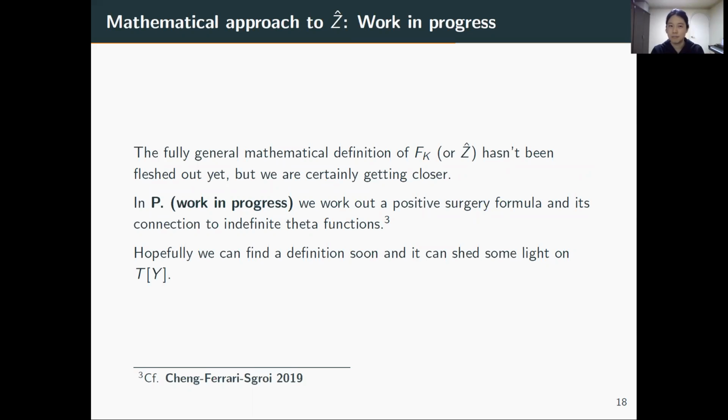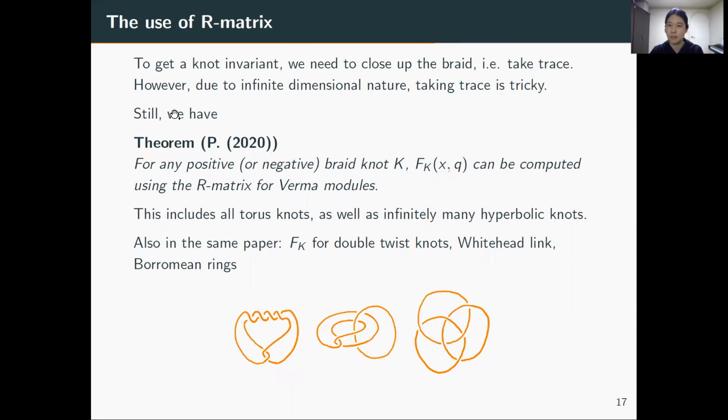Also, in the work in progress, I found closed form formulas for all these knots and links, basically including the figure 8 knot.